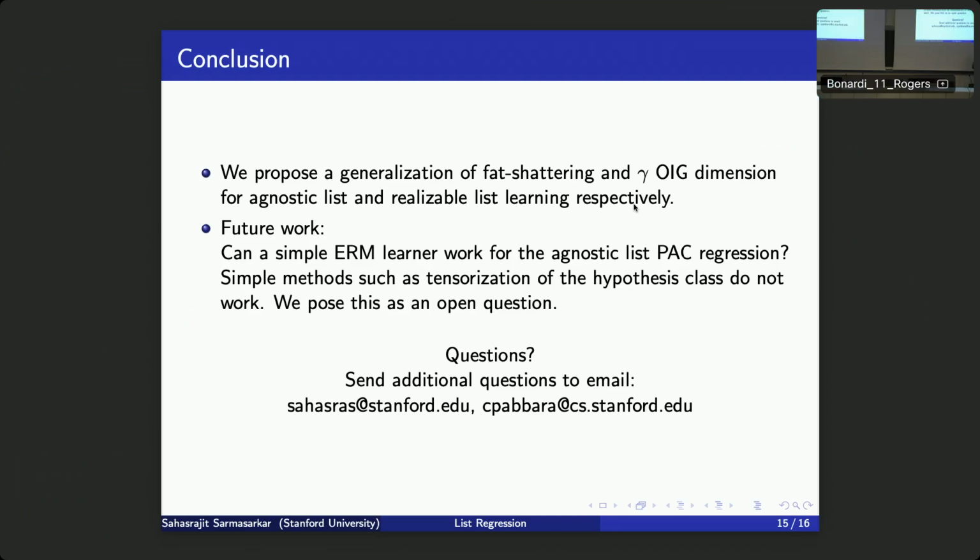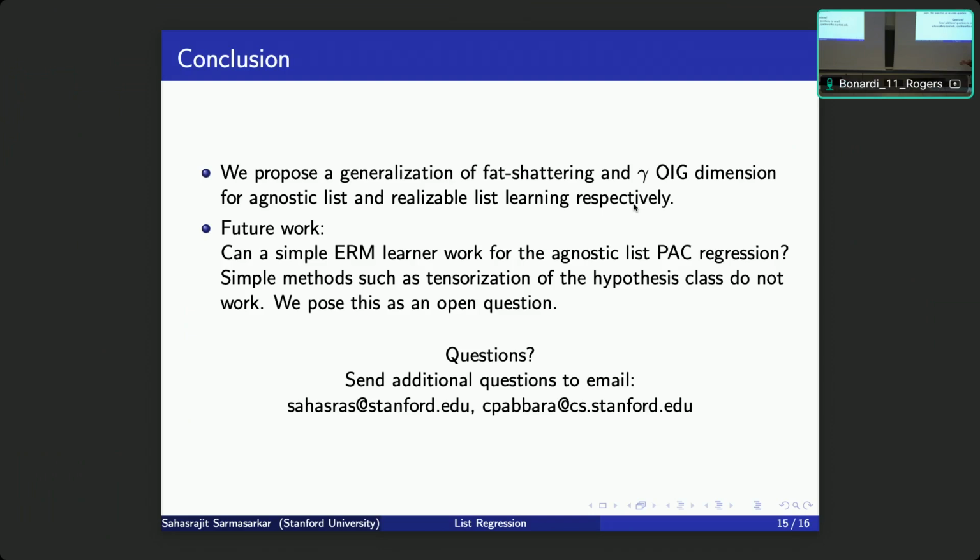So you did give an example where the 1 fat shattering dimension was infinite, but 2 goes to finite. Is there some way to understand how the sample complexity improves generically as k increases? So the sample complexity will be a function of this gamma k fat shattering dimension.